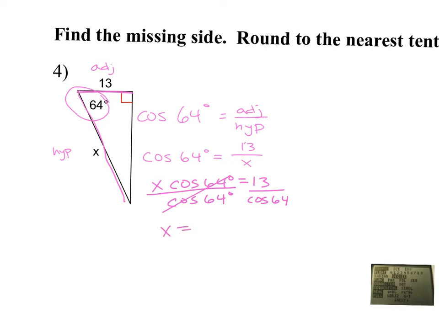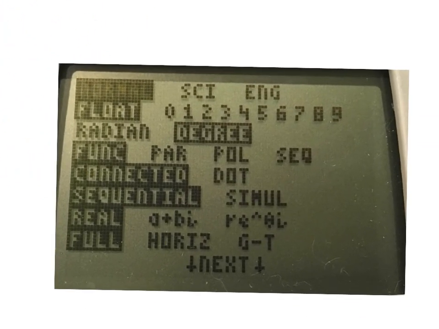And so I know now that x is going to equal 13 divided by cosine of 64, but I need to do a couple things before I can just type this right into my calculator. I need to make sure that when I hit mode on my calculator and I see this screen, I'm in degree mode because I'm going to be using 64 degrees as my reference angle.